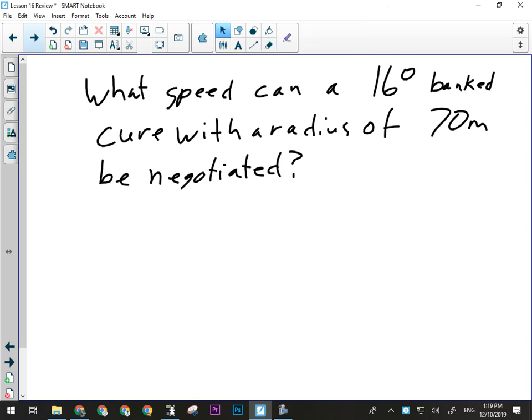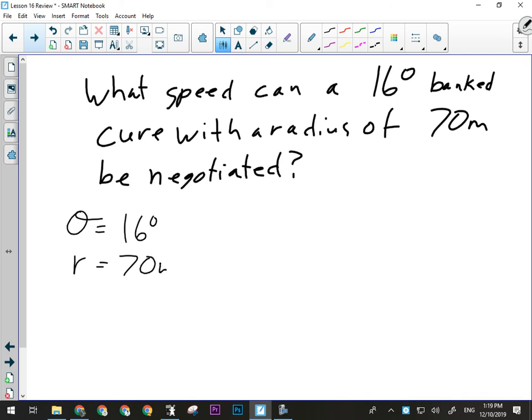Okay. All right. So, what speed can a 16-degree banked curve with a radius of 70 meters be negotiated? Our givens in this question are theta, 16 degrees, and radius, 70 meters, and we are looking for speed.